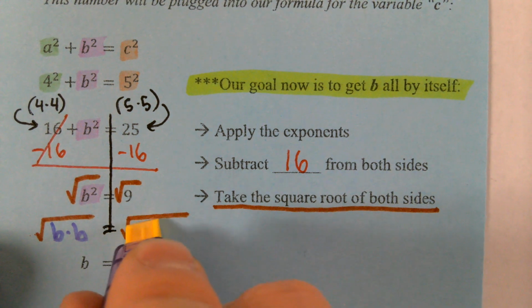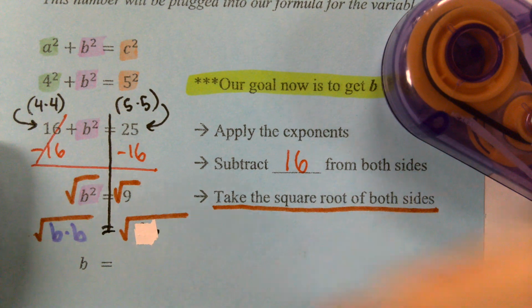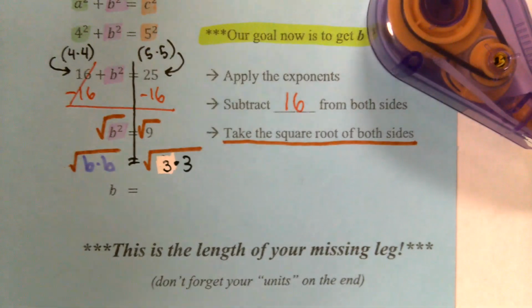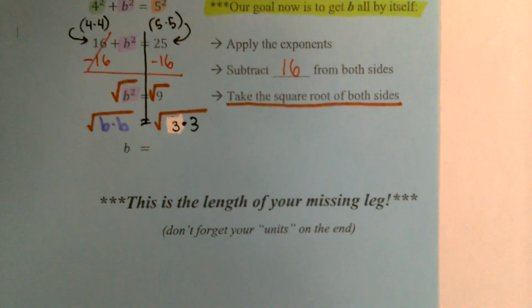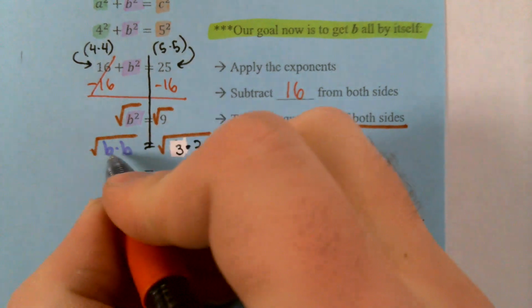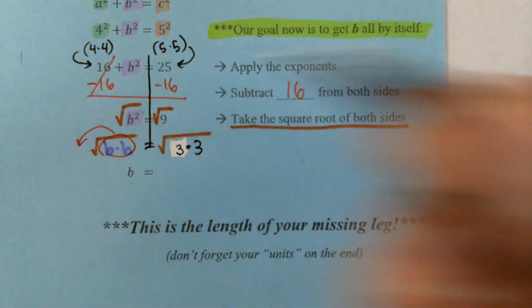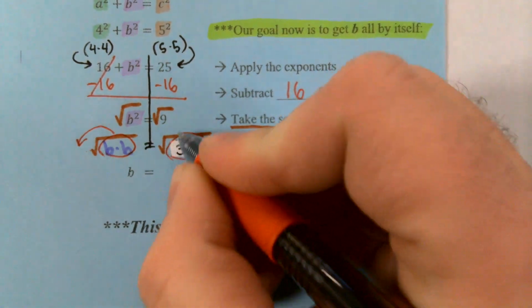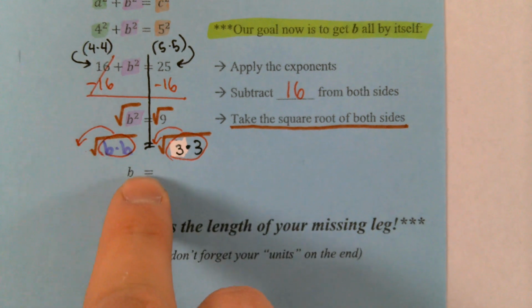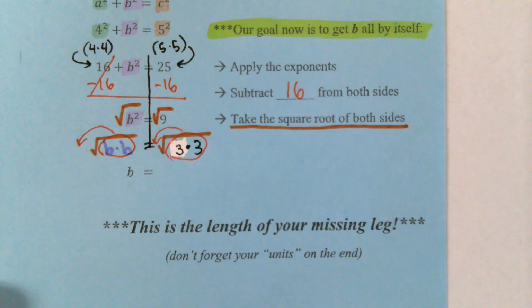If we want to split 9 up, right, it's going to be 3 times 3. So we've got on the left an identical pair of B's that gets brought out. And on the right we've got an identical pair of 3's that gets brought out. So we get B is equal to 3.